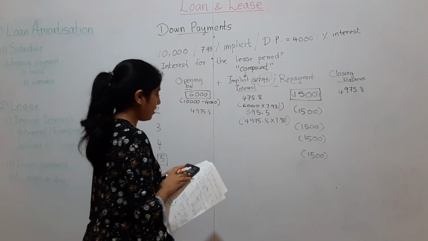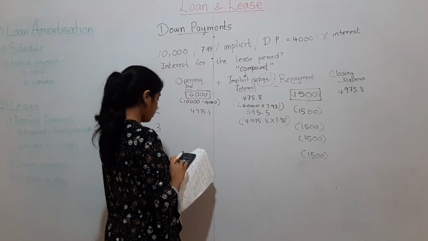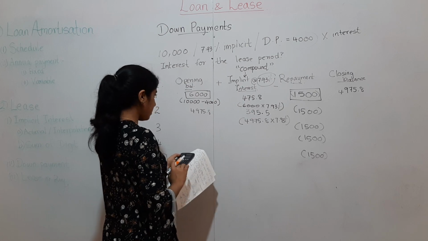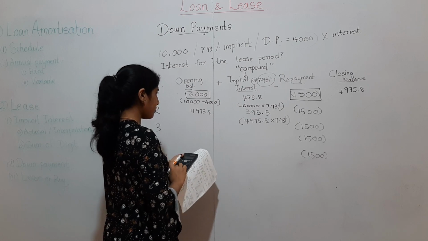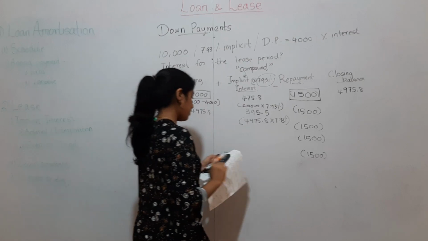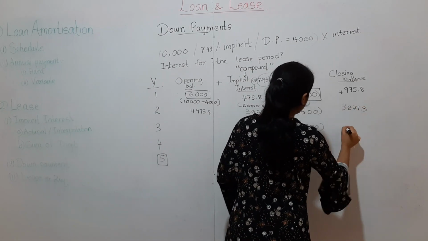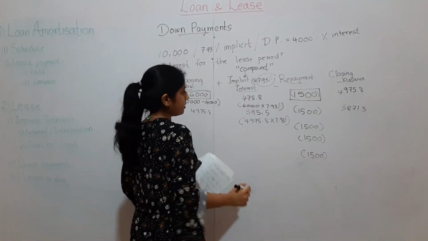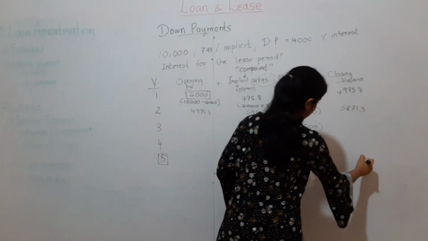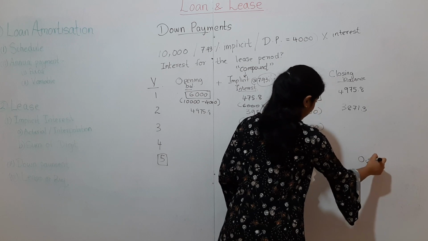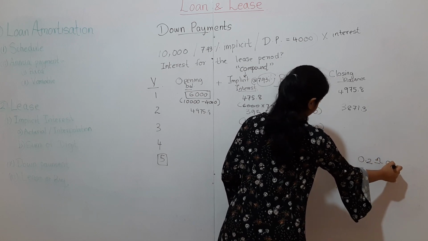Okay, and then the closing balance therefore will be 3,871.3. Likewise, keep on filling the table. Finally, you will get the answer 0.2, which is equal to 0.